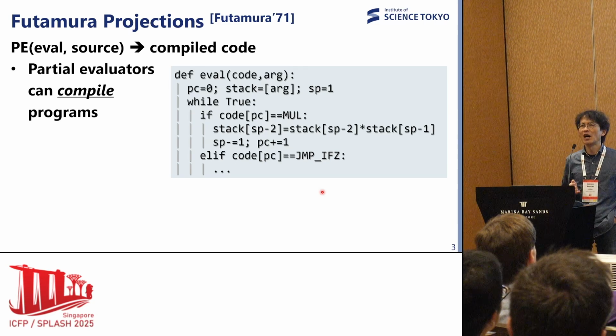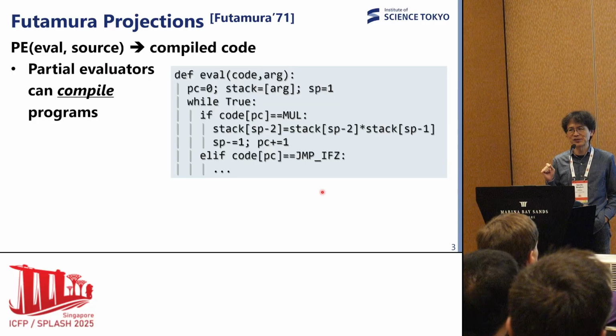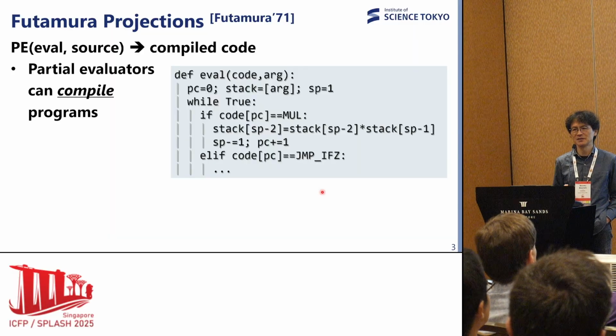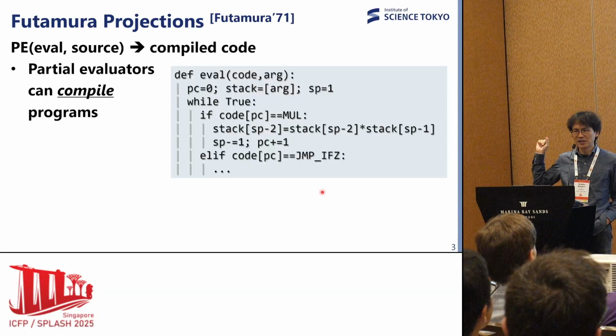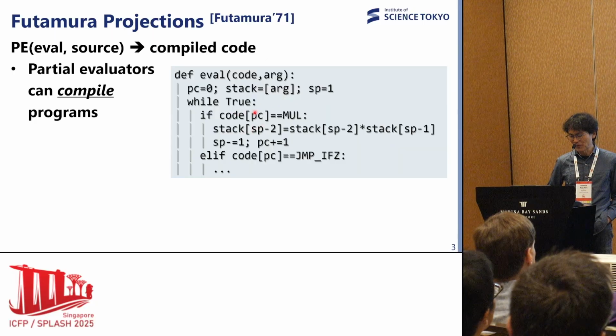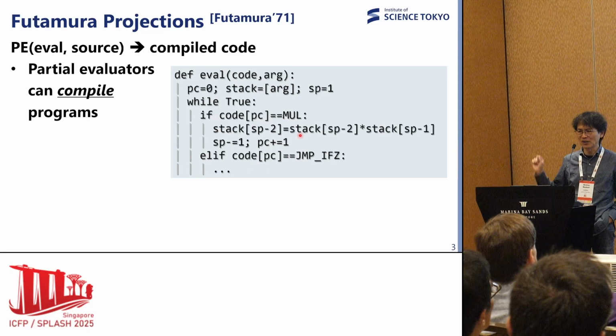Here's a code, which is a tiny interpreter that interprets a bytecode program, which gets the code as a sequence of bytecode, and the argument to the bytecode. It typically fetches the instruction, and if it's multiplication, then it manipulates the stack, the stack pointer, program counter, and so on.